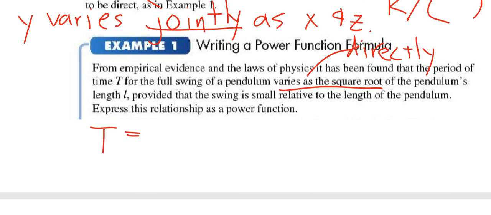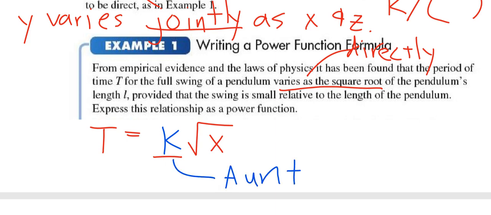All right, I'll give you a hint. It has something to do with the square root. Now, what should we put in front of that? K. K is the aunt in your family that nobody talks about.